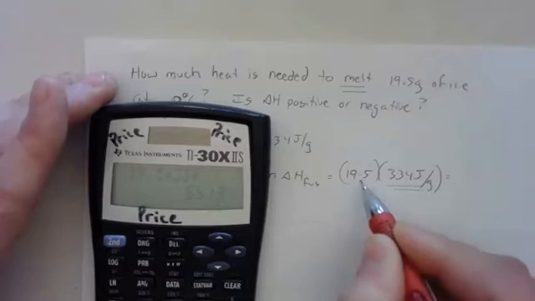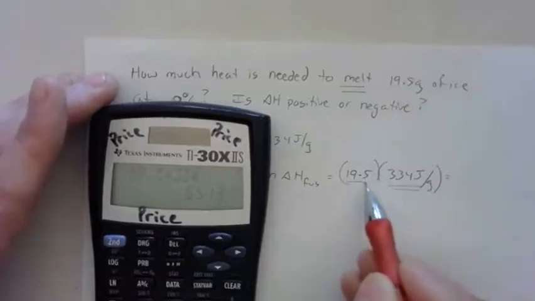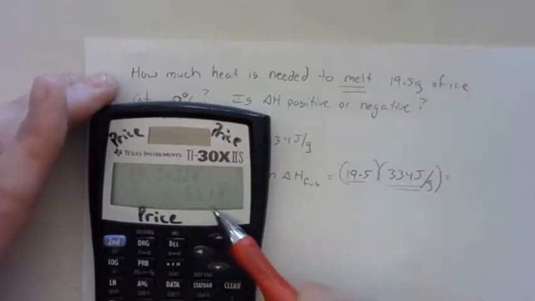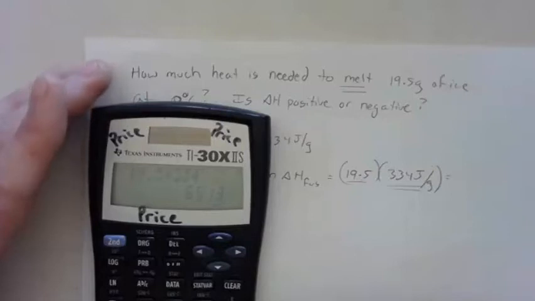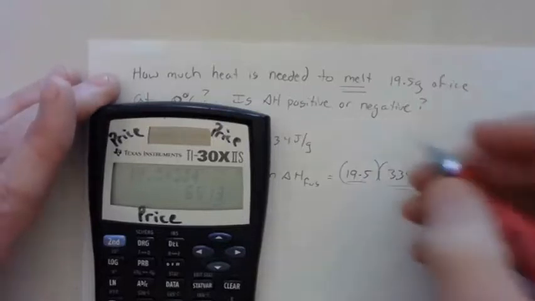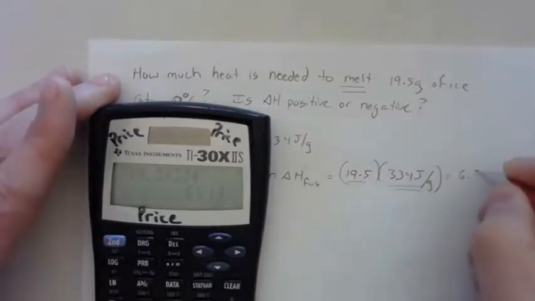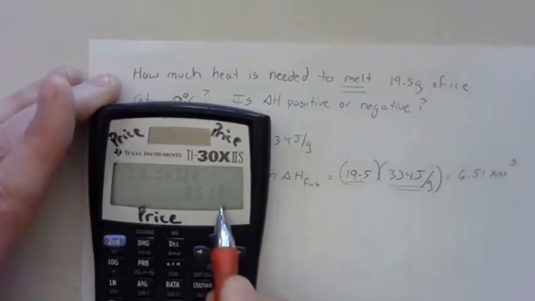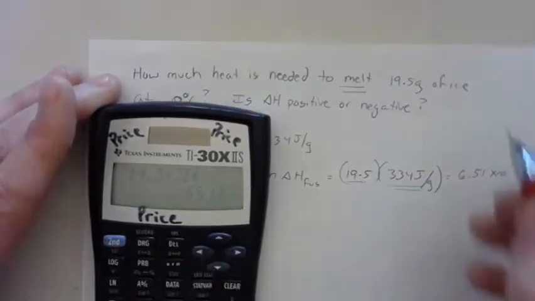Instead, we just use the 19.5. There are 3 digits there, so I want to keep the first 3 digits here. Also, since this number is greater than 1,000, I have to put it in scientific notation. So I'm simply going to go 6.51 times 10 to the third, since the decimal moves 3 places over, and the units are going to be joules.